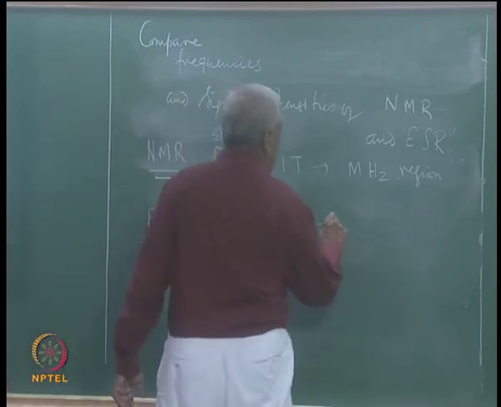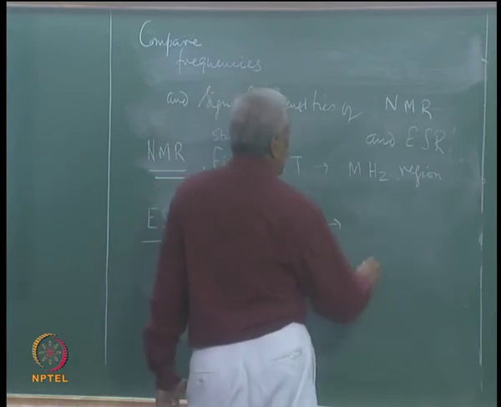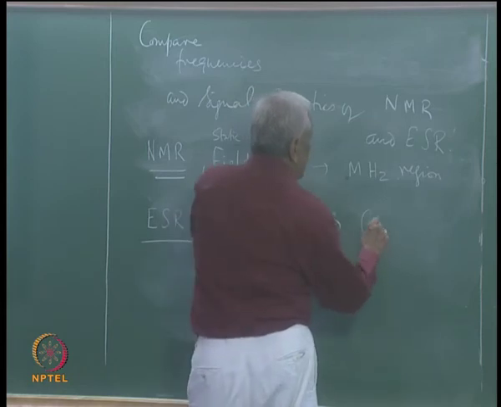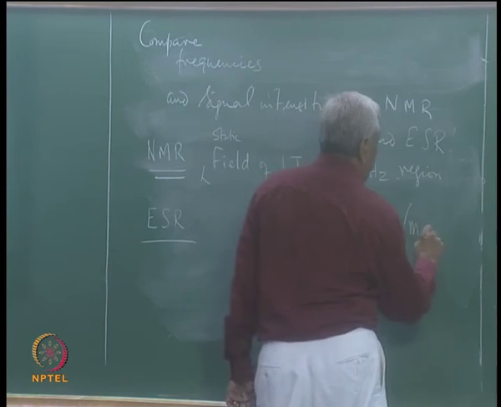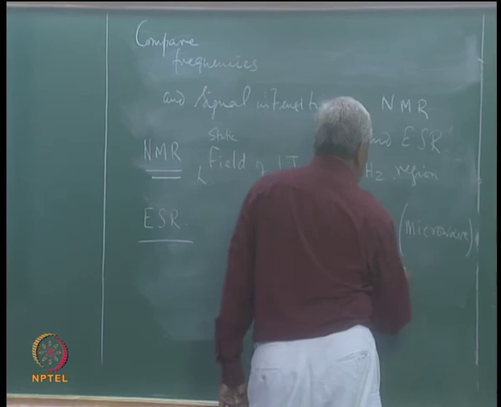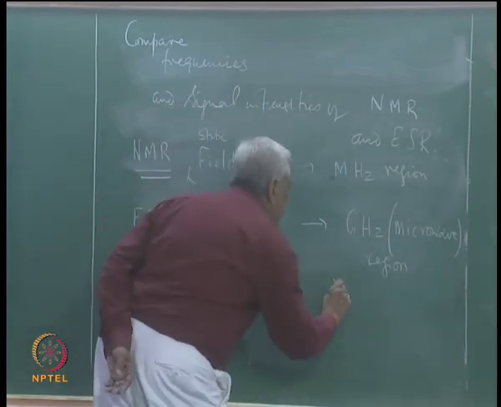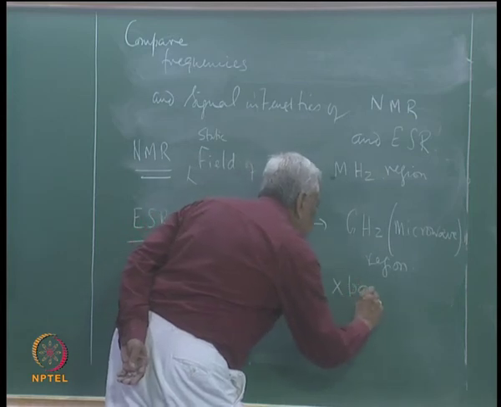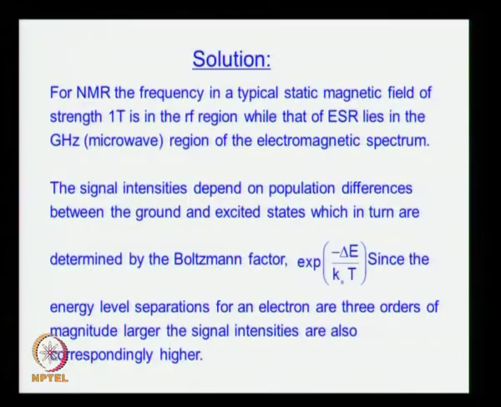Therefore, the same resonance frequency, which involves the gamma, if this is in megahertz, is going to be in the gigahertz or microwave region, typically in the X band for a spin only sample.